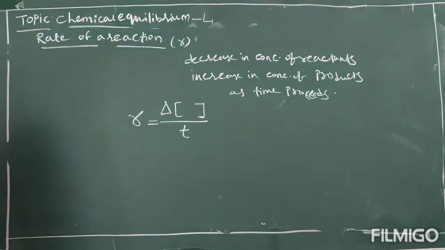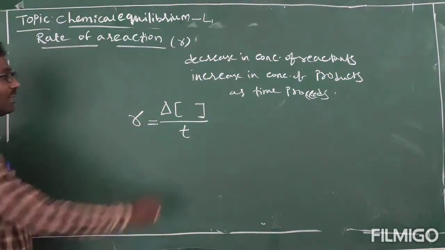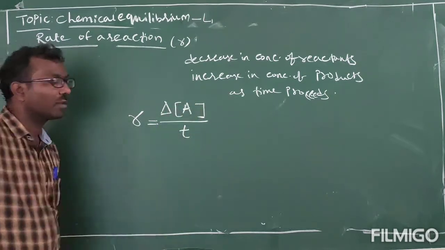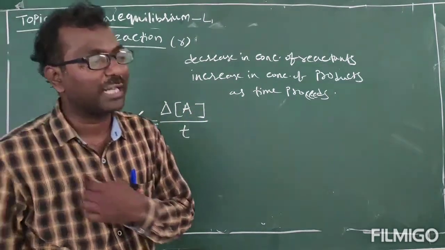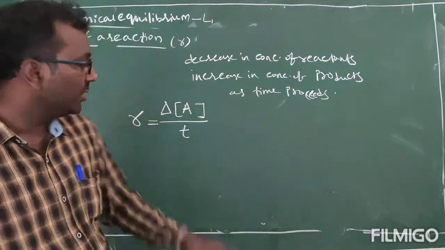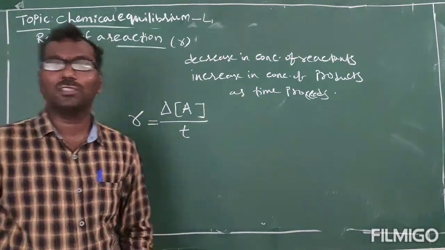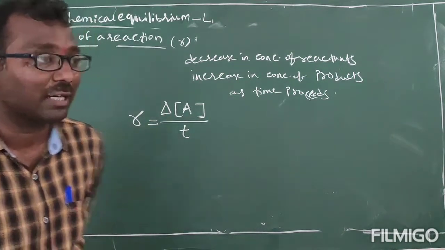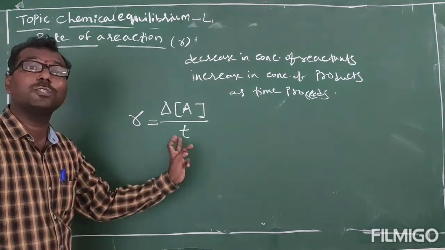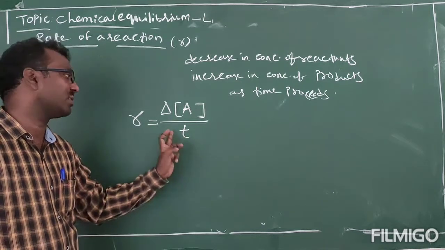Okay, rate of a reaction is nothing but the change in concentration of the reactants or products with respect to the time. Rate means with respect to time. Denominator consists of time.